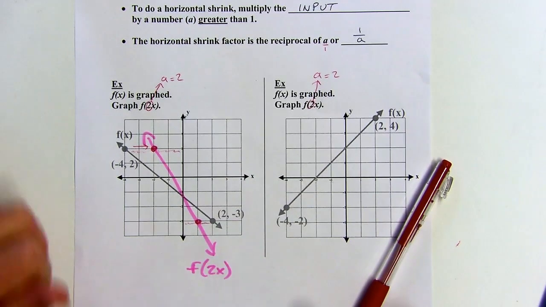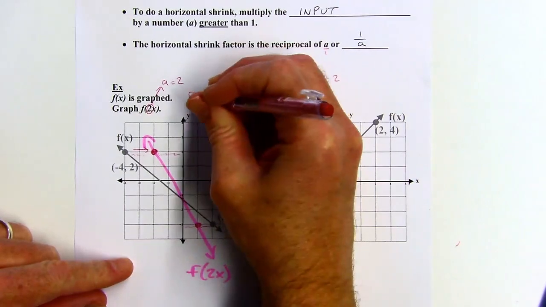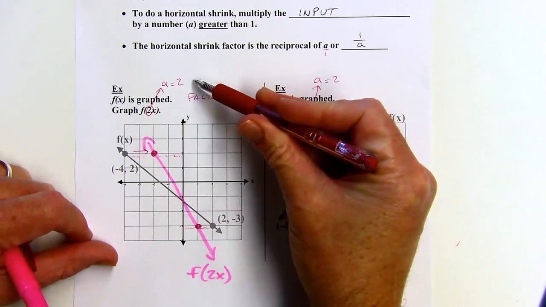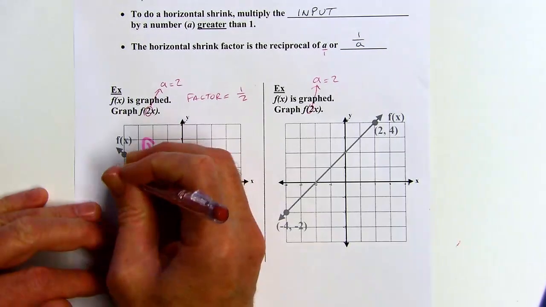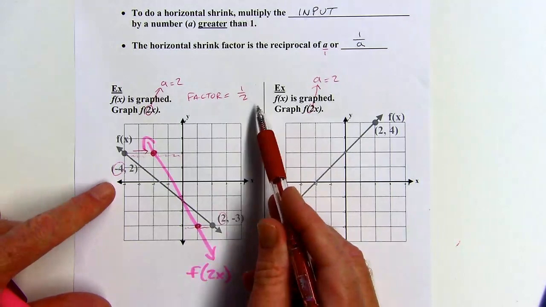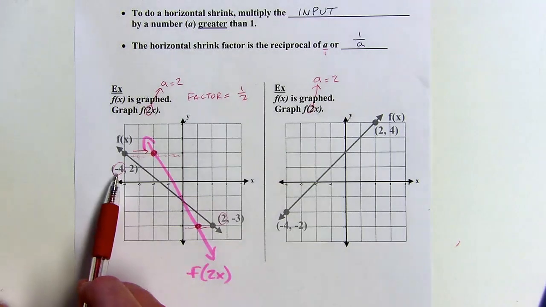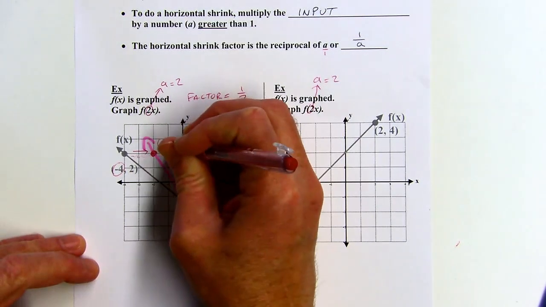So let's talk about the factor. The factor is going to be 1/2, because the reciprocal of 2 is 1/2. If you look at the x coordinates here, we're really multiplying the x coordinates by 1/2. That's why the factor is 1/2. If you multiply -4 by 1/2, that's the same as dividing it by 2, and that means that this point is going to be (-2, 2).